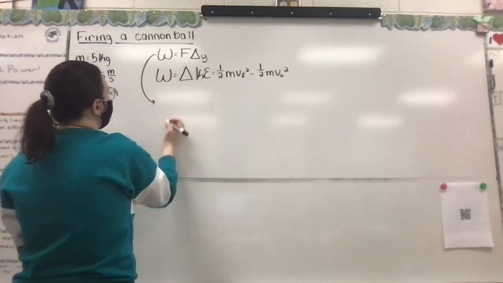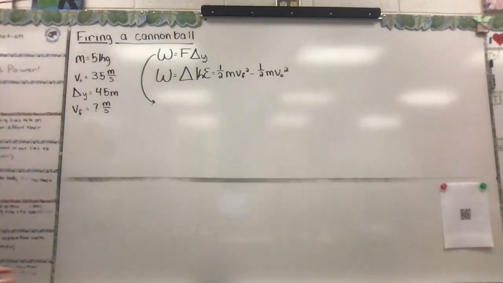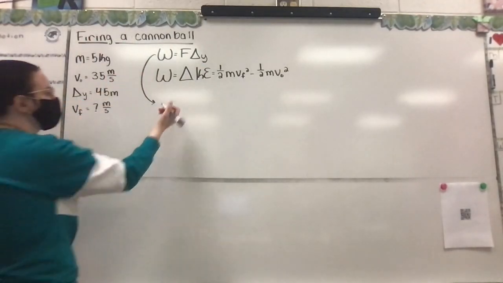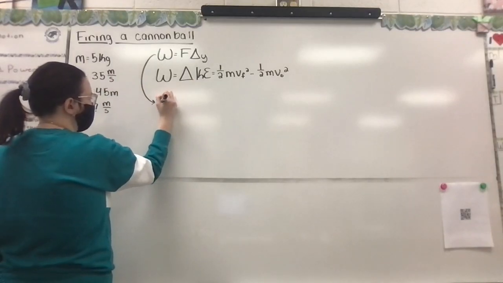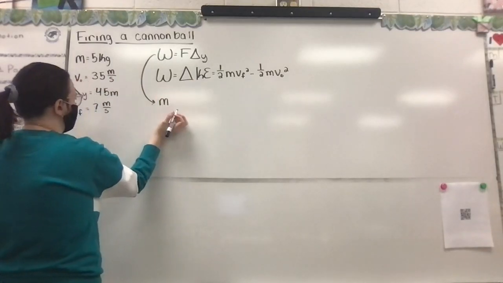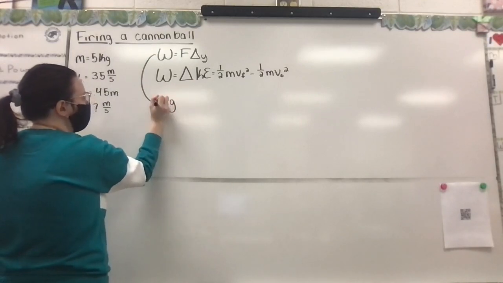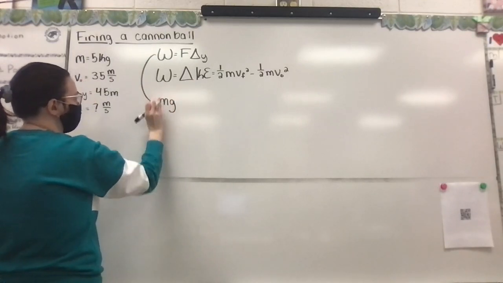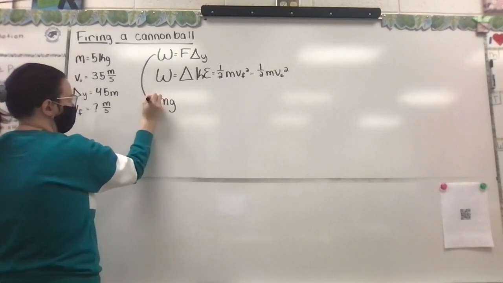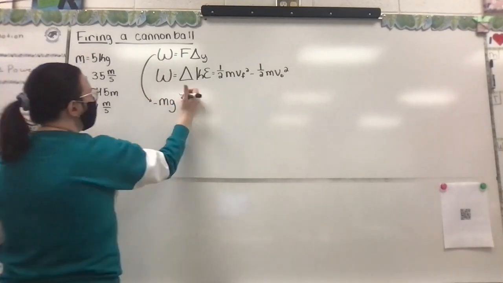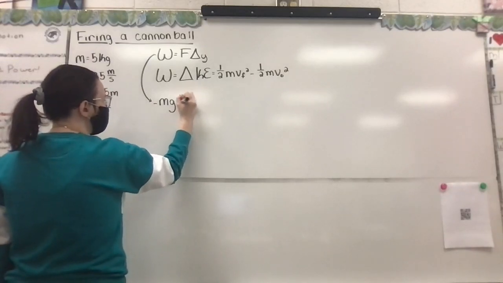this one. If something's getting fired straight up and we're solving for work, force is mass times acceleration, right? What's the acceleration here? Gravity, okay? And remember, is it going to be positive or negative? Negative, because it's working to bring it down. And then we're going to have the delta y.